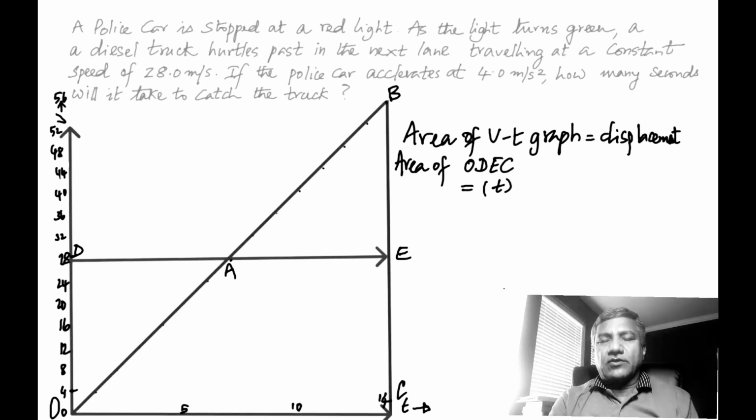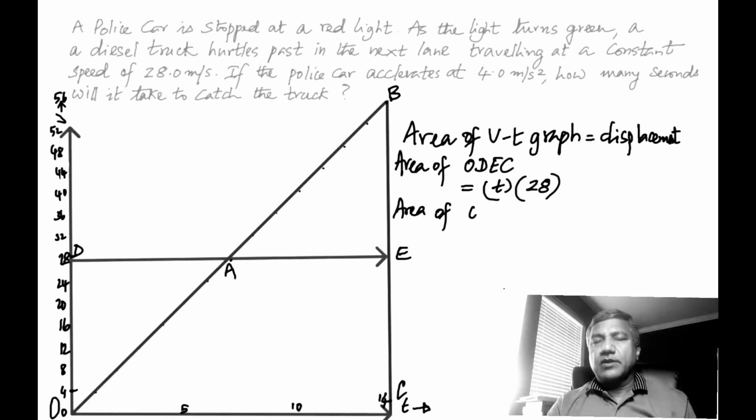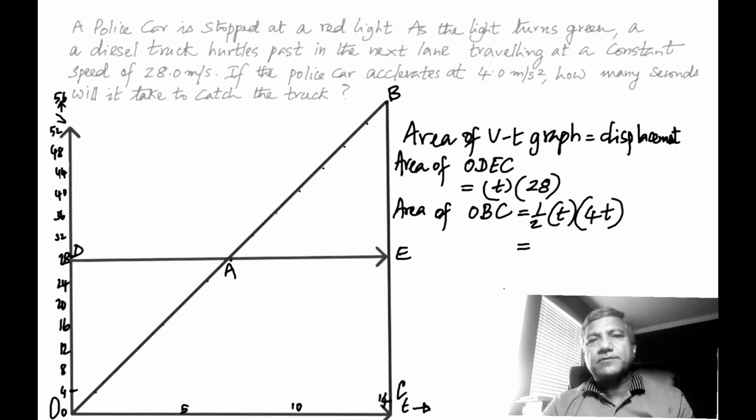So let us now find the area of the rectangle ODEC, which is length times width, which is 28 times t. And the area of the triangle is, of course, 1/2 times base times height. And the base is t, and the height is going to be 4t. Now, why is the height 4t? Because the height of this triangle is the final velocity of the police car.